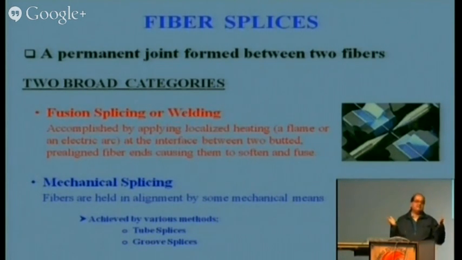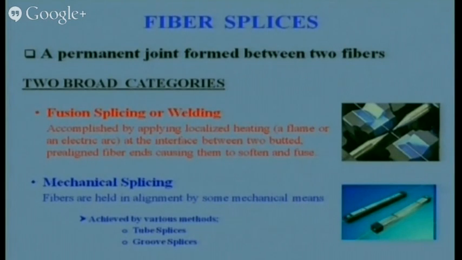They may have 10, 15 or 20 machines, but that will not be sufficient to cover all. Any question? So all the time these machines may not be available for splicing.